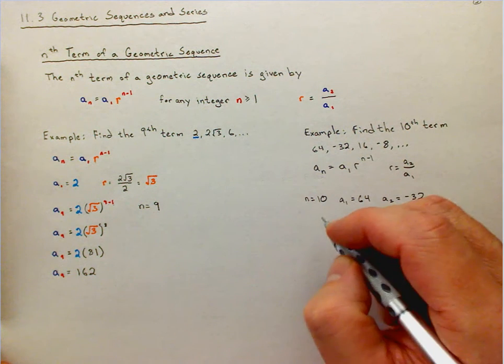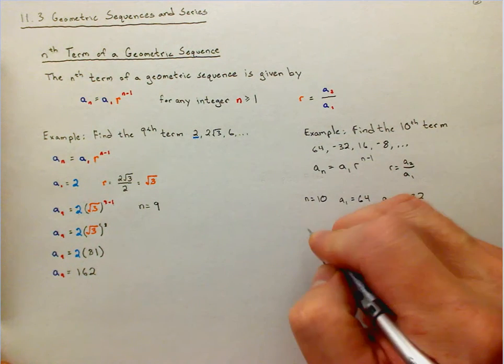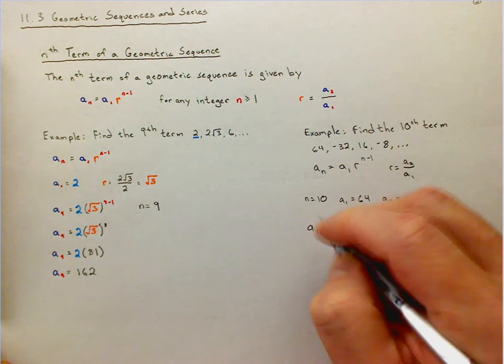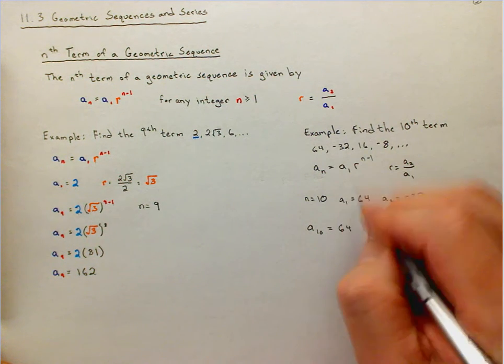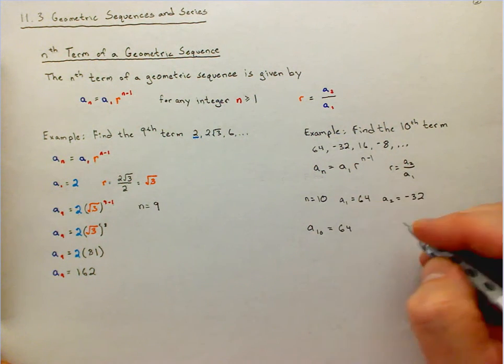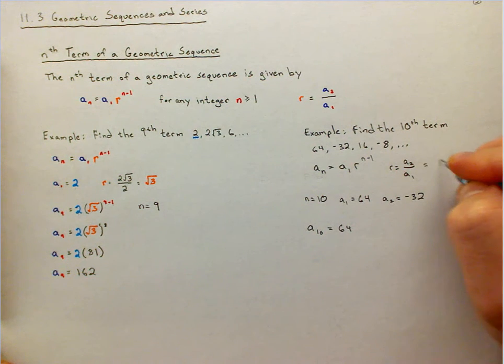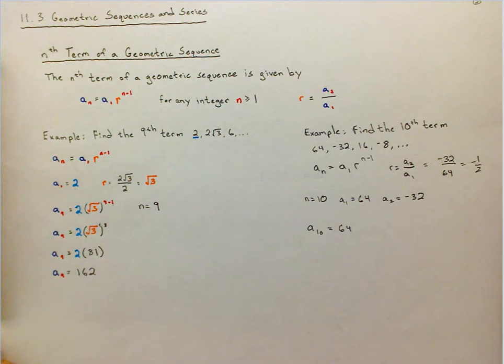I will take this and I will plug the information in there. So a sub 10 equals 64, that's my a sub 1, times r. What is r? Well, let's calculate r. A negative 32 divided by 64. That's a negative 1/2. My r is a negative 1/2.